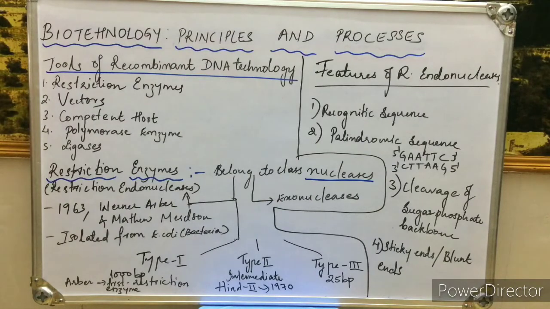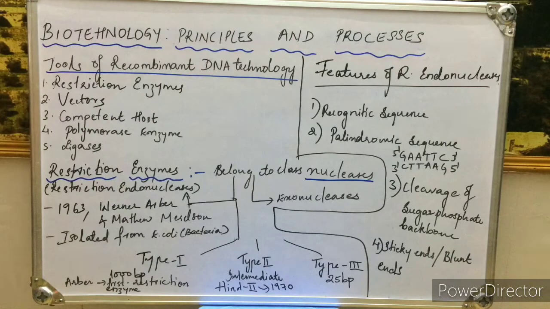The host must also have the capacity to take up this recombinant DNA. What is recombinant DNA? The gene of interest, when it is linked with the vector, is known as recombinant DNA. If the host is able to take up this recombinant DNA, then it is called a competent host. Simply, the recipient cells will not take up the recombinant DNA, so you need to make the host take it up.